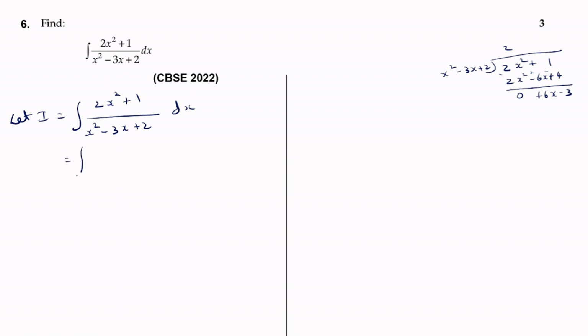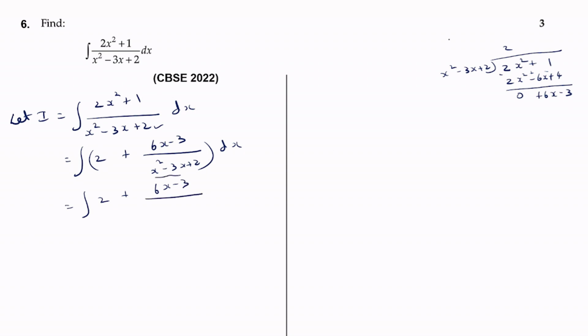So this becomes integral quotient. Quotient is 2. 2 plus remainder is 6x minus 3 upon the divisor, x square minus 3x plus 2, dx.